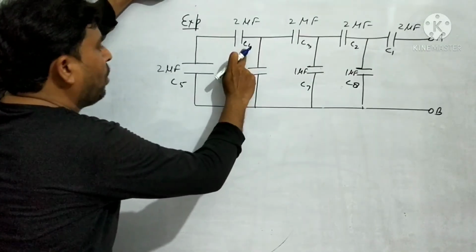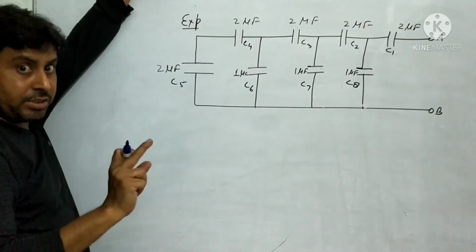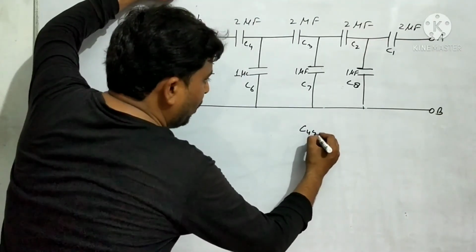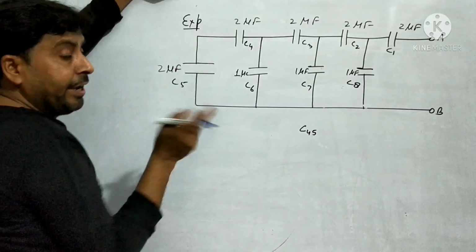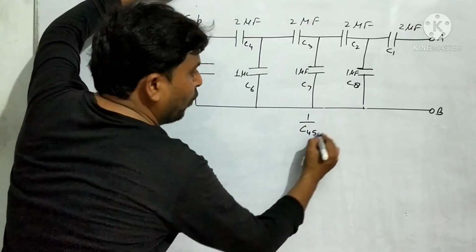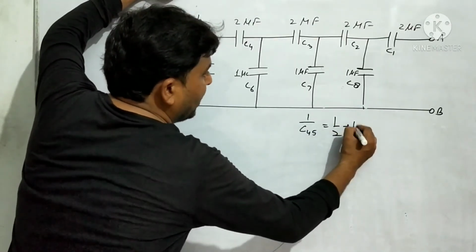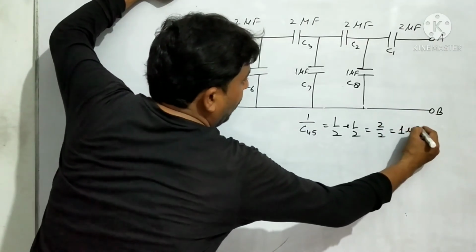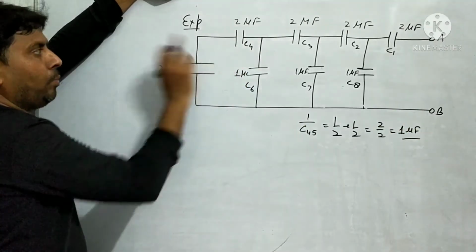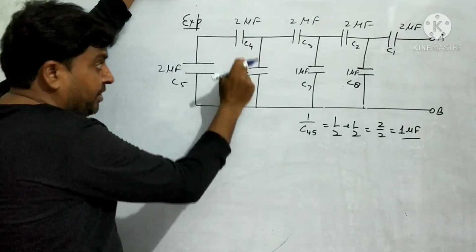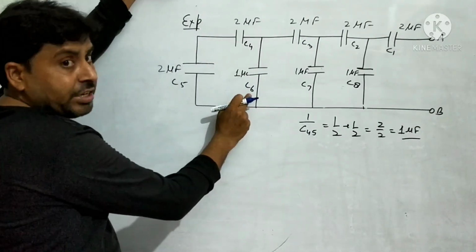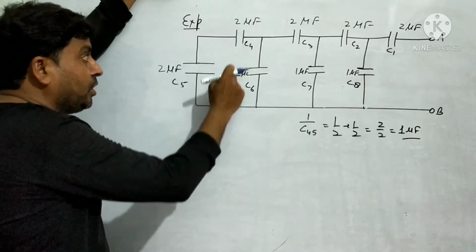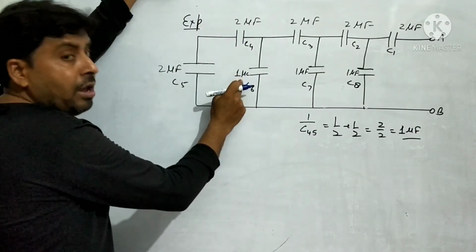Now, C4 and C5 are in series. Initially start from here. So net capacitance of C4 and C5 in series: the formula is 1 upon C45 equals 1 upon 2 plus 1 upon 2, that is 2 over 2, which means 1 microfarad. This combination connects with C6 in parallel. These two are in series, but with this one it is in parallel.